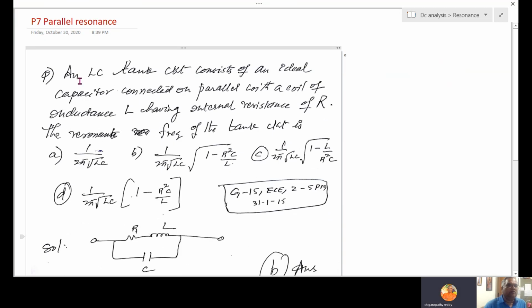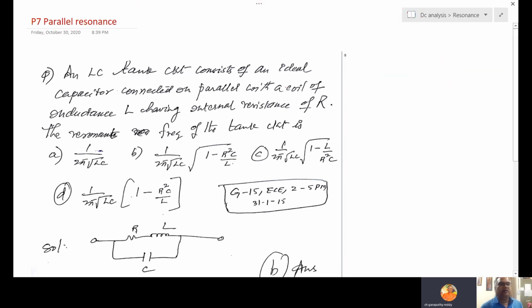This is another simple one. An LC tank circuit consists of an ideal capacitor connected in parallel with a coil of inductance L having internal resistance of R. The resonance frequency of the tank circuit is. Directly what is it asking?